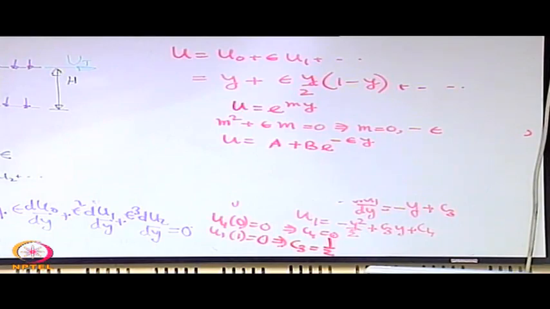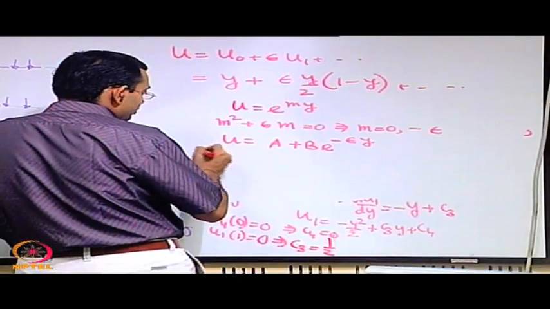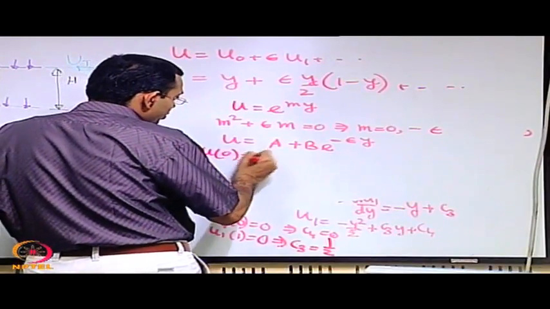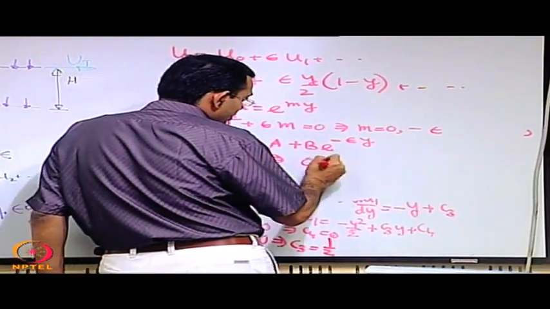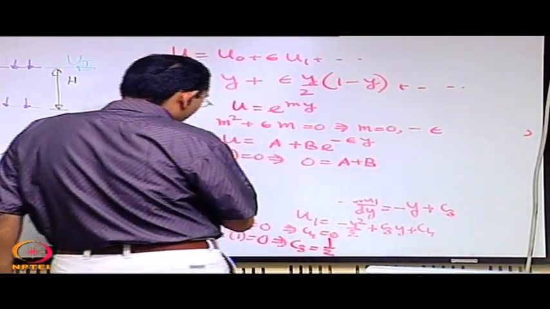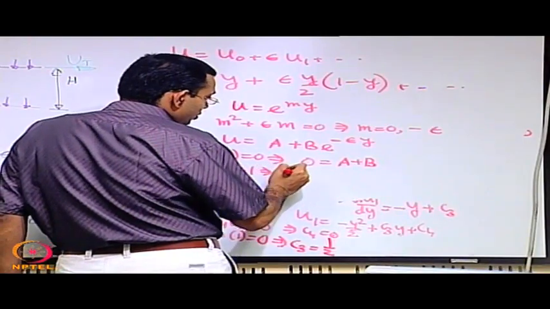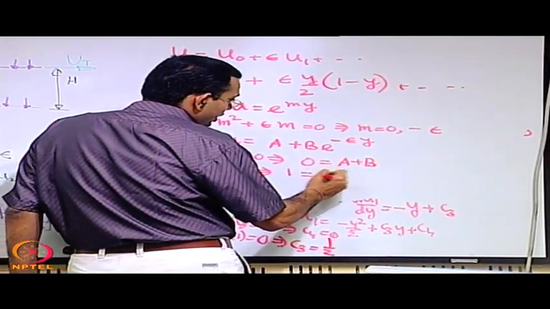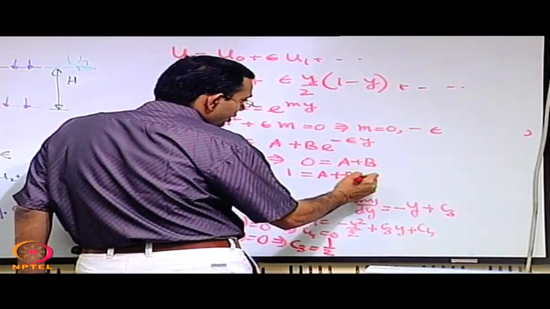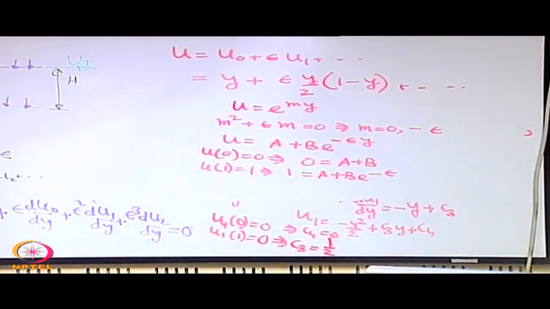Boundary conditions: at y equal to 0, u equal to 0 gives 0 equal to a plus b, and at y equal to 1, u equal to 1 gives 1 equal to a plus b e to the power minus epsilon. So from here you can find a and b.